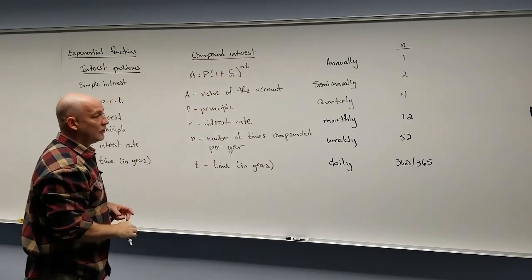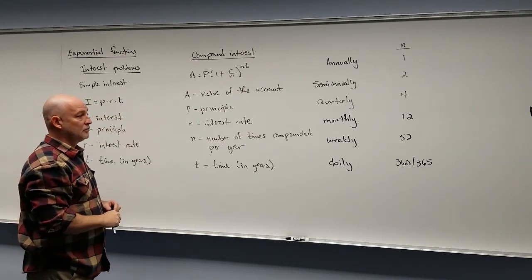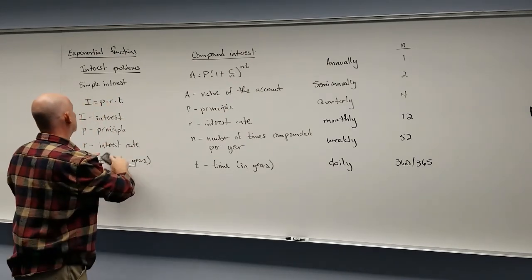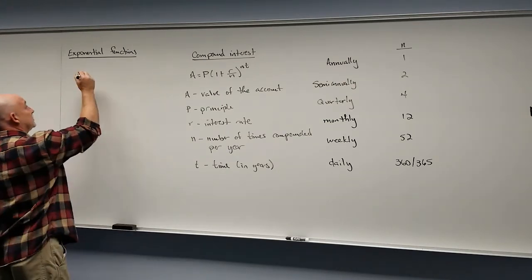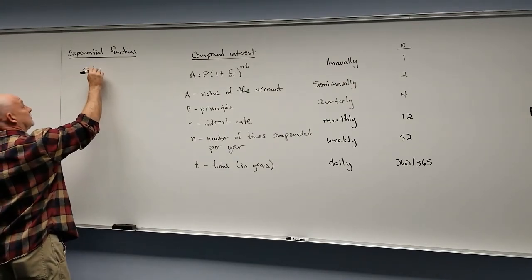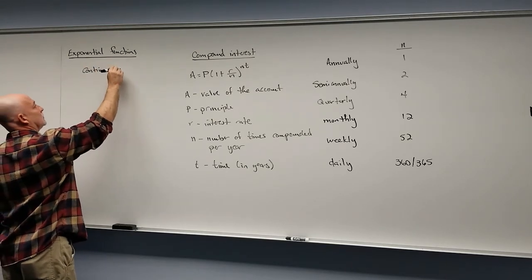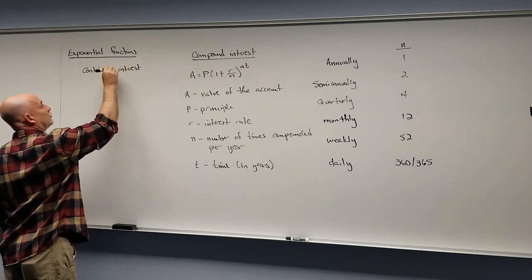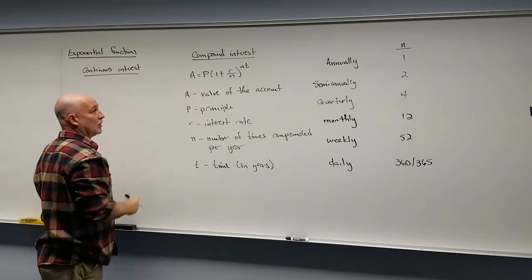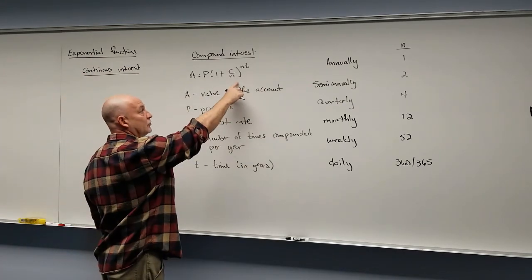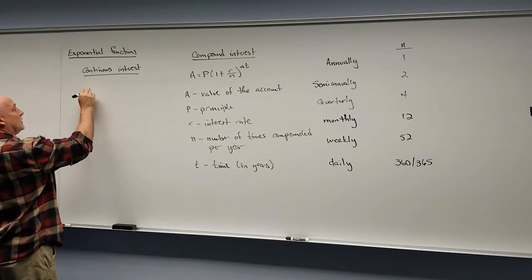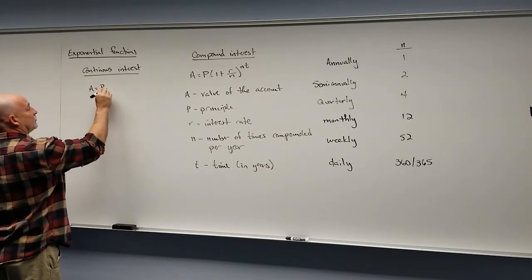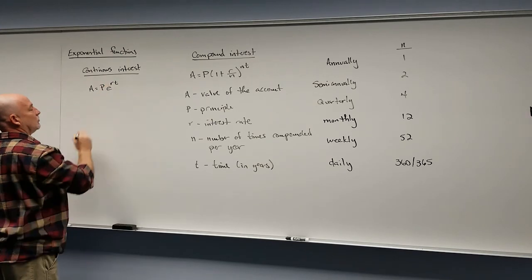So there is a cap to how much you can make with this, and it's called continuous interest. It's really what happens to this formula as n goes to infinity, as n gets bigger and bigger. And the amount in the account is the principal times e raised to the RT.